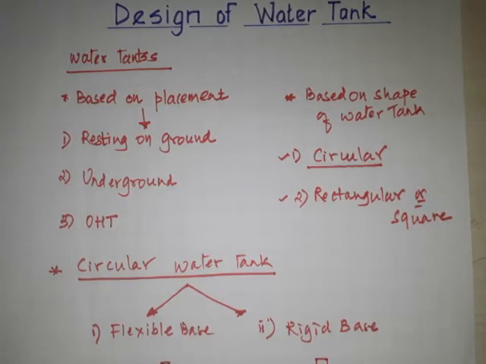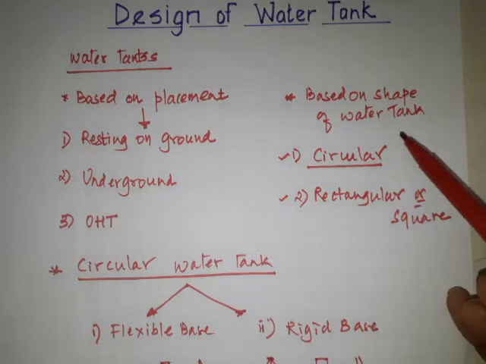Both have to carry water pressure; the wall has to resist the water pressure, that is nothing but gamma W into H, where H is nothing but the height of the water table. Are you getting my point now?